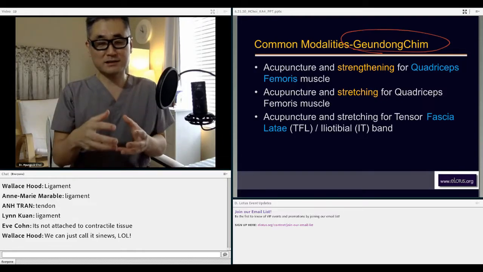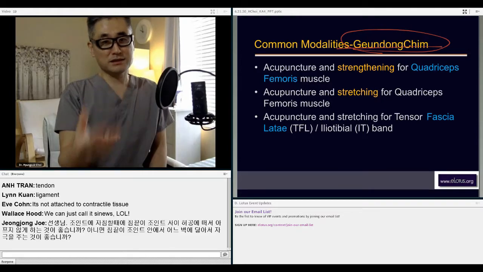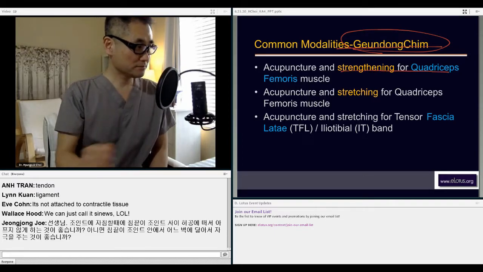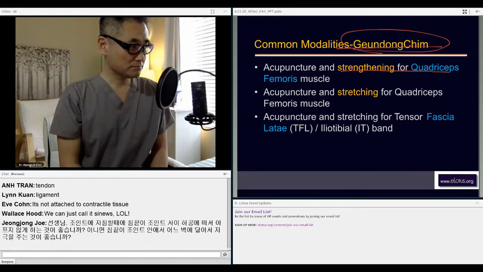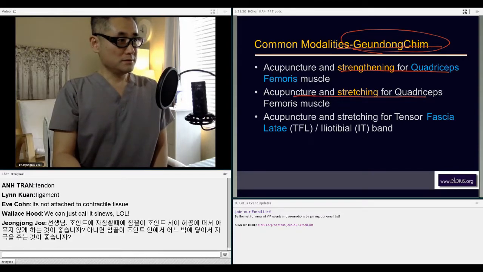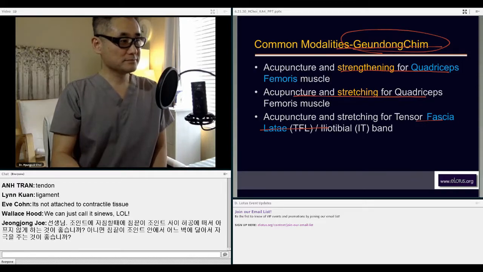So we need to strengthen them. And this is why we should do 근동침 and home exercise for ACL tear patients. So strengthening of the quadriceps femoris, and stretching the quadriceps femoris, and the tensor fasciae latae, usually.